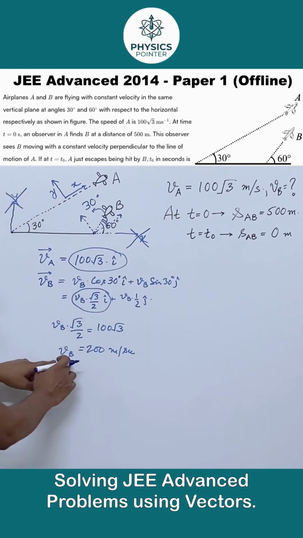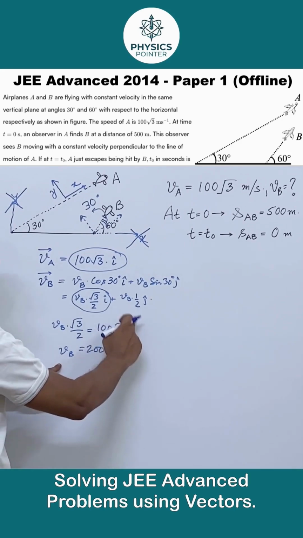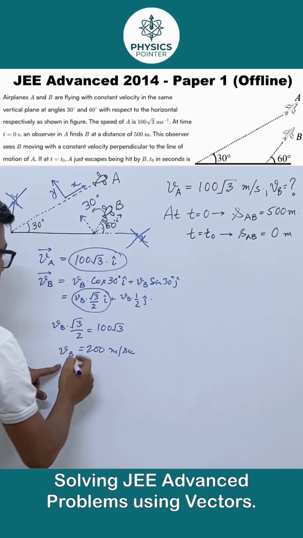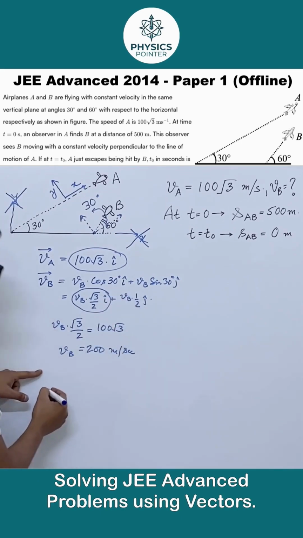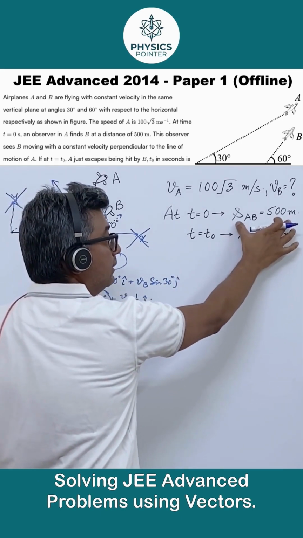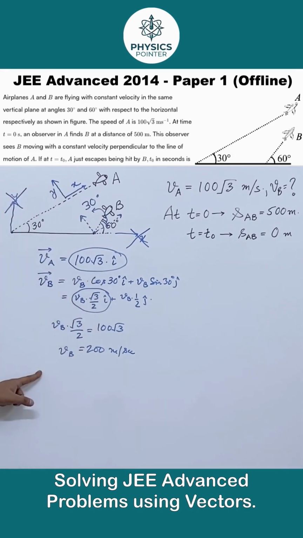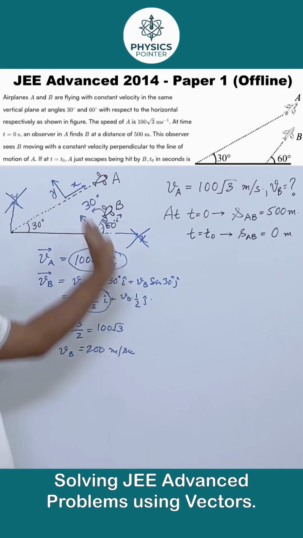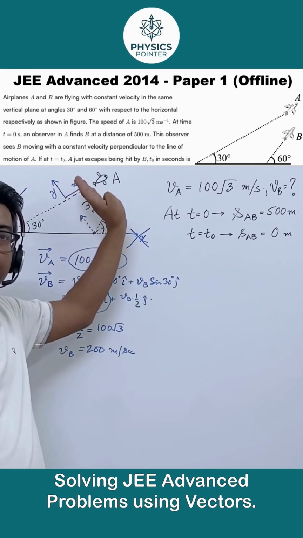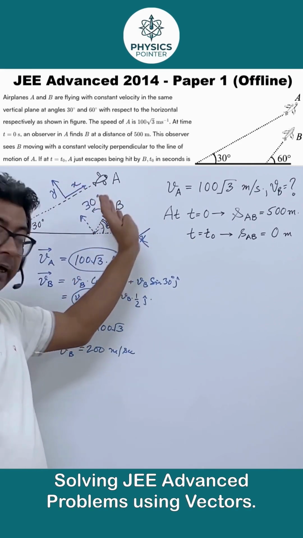That means if I have VB, then what is the speed in the J direction, towards plane A? It is equal to VB by 2. And how much is the distance? The distance is given as 500 meters. So if I am given a speed in a particular direction and a distance, then how will I determine the time?